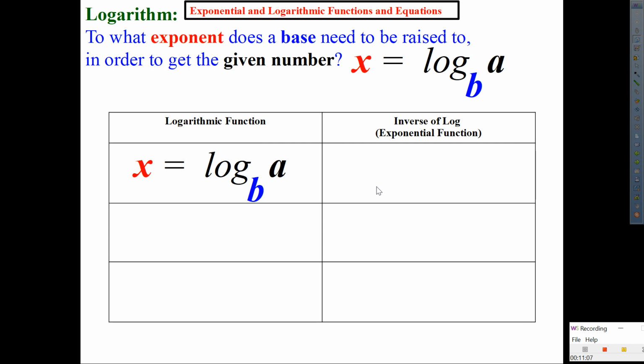I'm starting with these three colors just so that you can see where the placement of each component goes. But afterwards, with practice, it's all going to be one color.